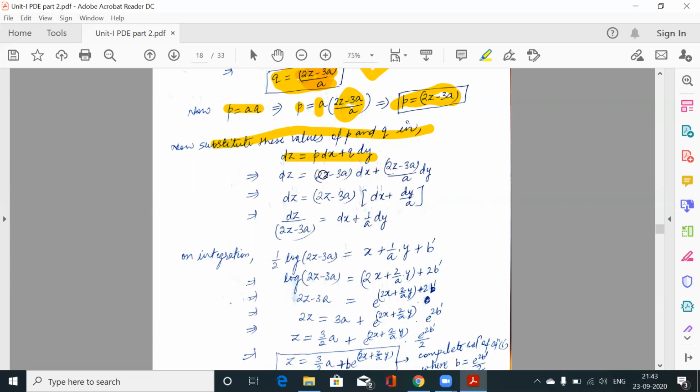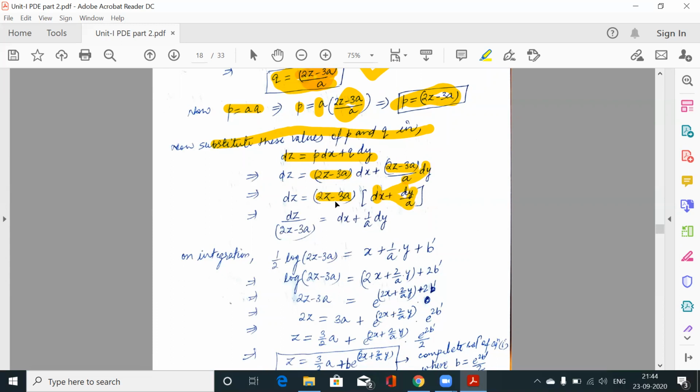So the z term cannot be integrated with dx, and this z term cannot be integrated with dy. So what can we do now? 2z minus 3a is common, so taking this term as common, what is left is dx, and from here dy over a.